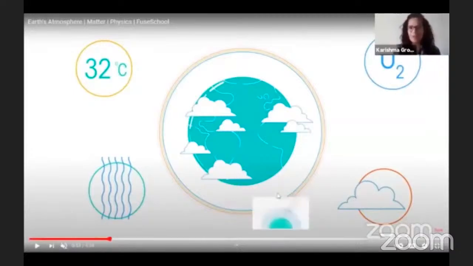Okay, so I think we can take a break over here. Now let's see how much you all understood. Before we get into that, let me explain it once again. Earth is a rocky planet which is covered with a blanket of gases called the atmosphere. It has various layers.